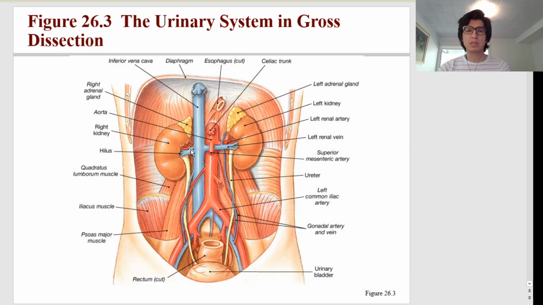In between that process, components at the capillary levels are going to be filtered into this renal tube system that eventually is going to lead to the exterior environment. So you're filtering components from the blood into the renal tube system, and from the renal tube system, you're going to reabsorb a lot of those components, and eventually, whatever is not reabsorbed is going to leave through the urine.